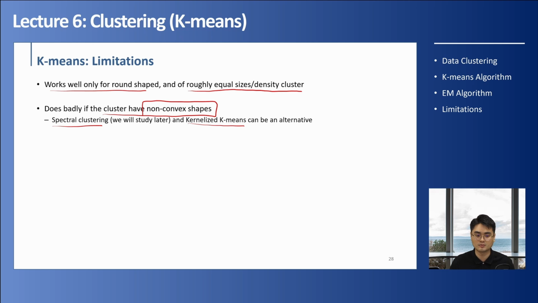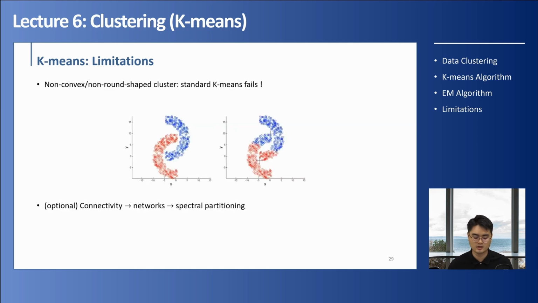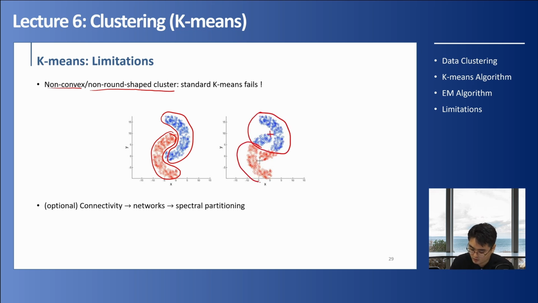Let's also look into some pictorial examples of these limitations about non-convex and non-round shaped clusters. When we look at some data points like this one, we can imagine a human can intuitively know that we're going to have clusters like this. However, when we are doing k-means clustering, this algorithm will say that we're going to have one cluster here and one cluster here.